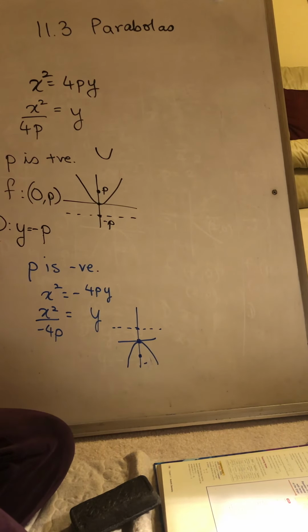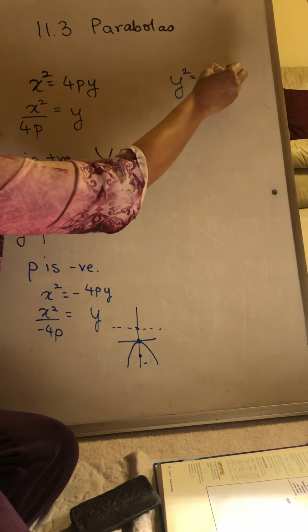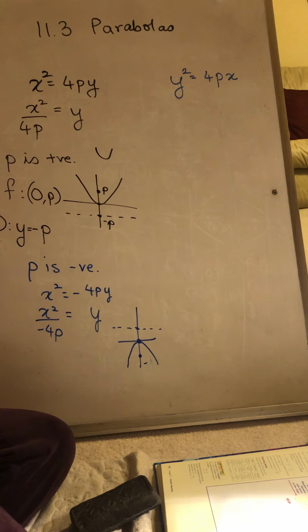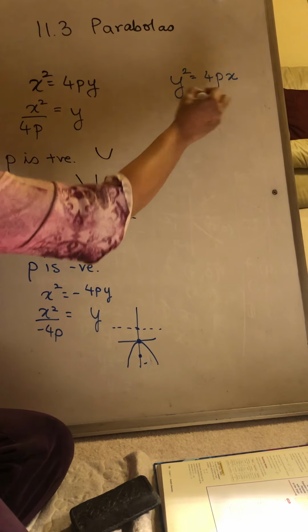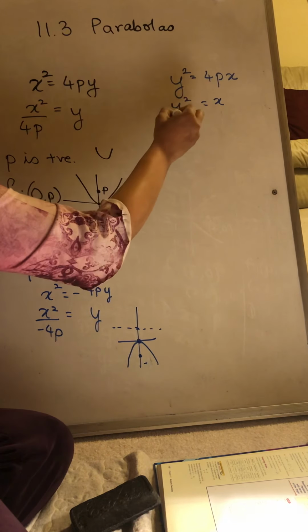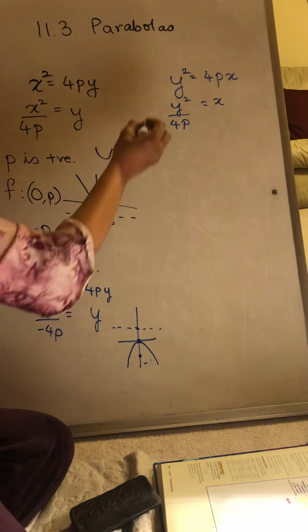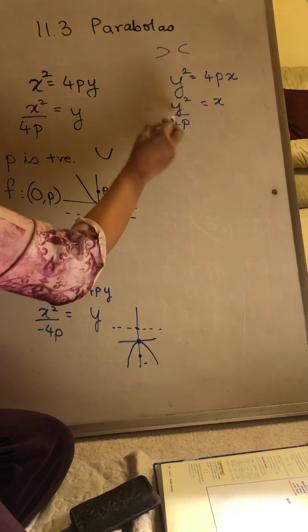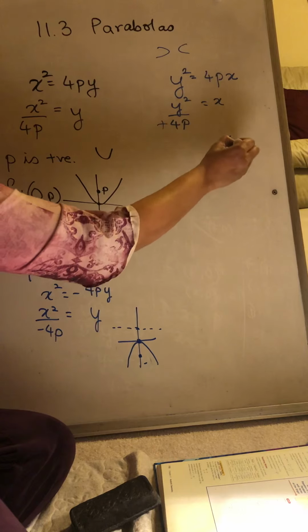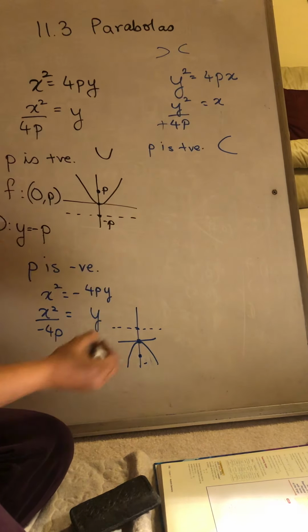Let's look at this. y square equals 4px. Now x is linear, y is quadratic. This tells me it's a left or a right one. I can solve for x. It will be y square over 4p. Either it's left or right. The positive sign tells me it is a right one because P is positive.